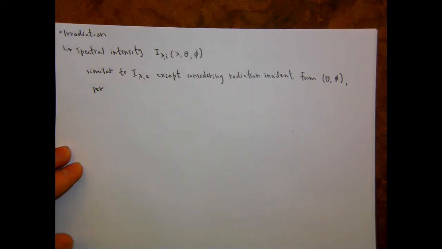And it's per unit area of the intercepting surface that's normal to this direction, rather than per unit area of the emitting surface that's normal to this theta phi direction.